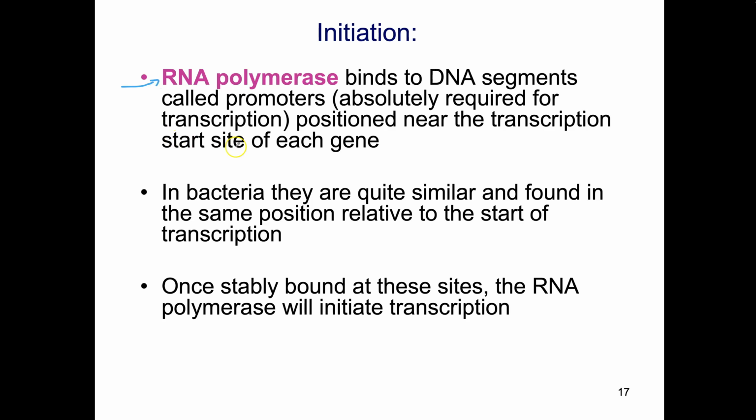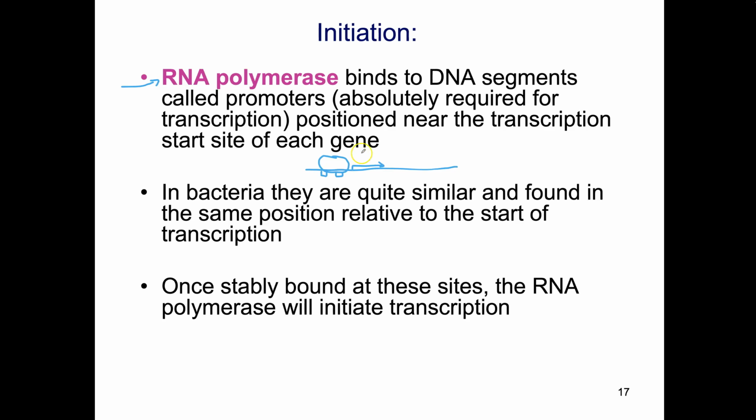But it basically binds to special DNA segments, and these are referred to as promoters, and they are positioned near the transcription start site of each gene. So you have a gene, which is a piece of DNA, and there will be a couple of important sequences that are required for the RNA polymerase to bind to start the transcription process.